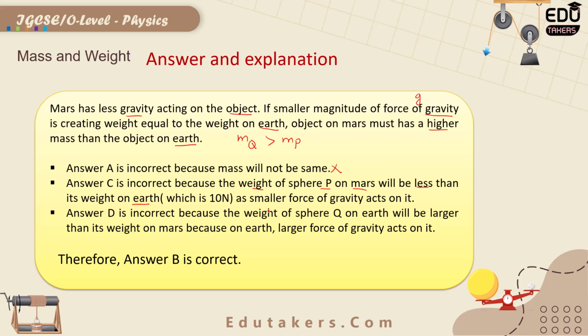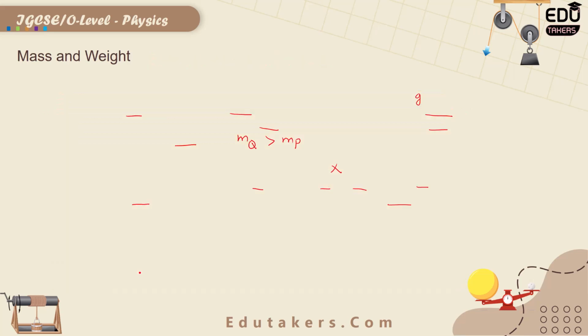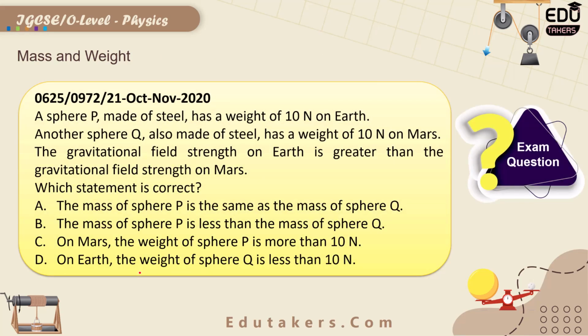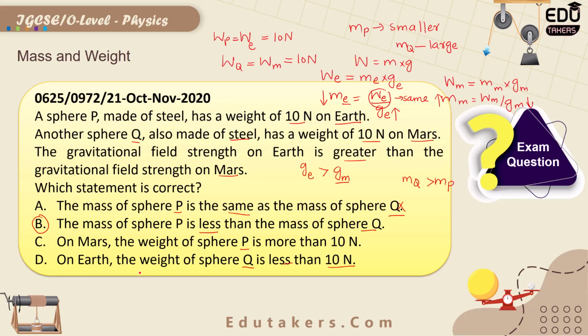It is because the smaller force of gravity is acting on it. Similarly, answer D is incorrect because the weight of the sphere Q on the Earth will be larger than its weight on Mars, because at the Earth, the large force of gravity is acting on it. That's why the correct answer is B, which is that the mass of the sphere P is less than the mass of the sphere Q.